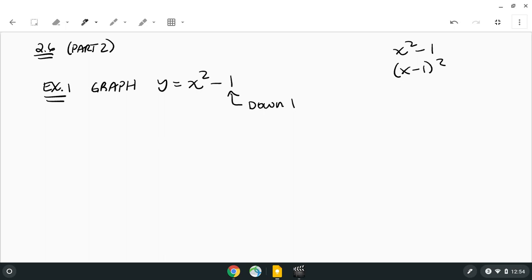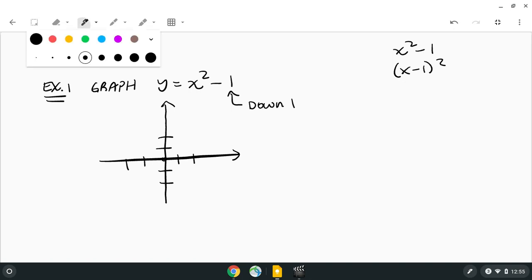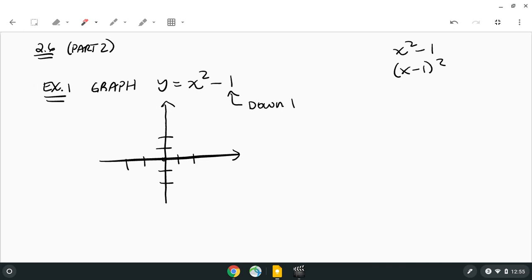Okay? So I'm going to take the parent function of x squared. Hopefully you have it memorized. I will use red dots for the points of the parent function.